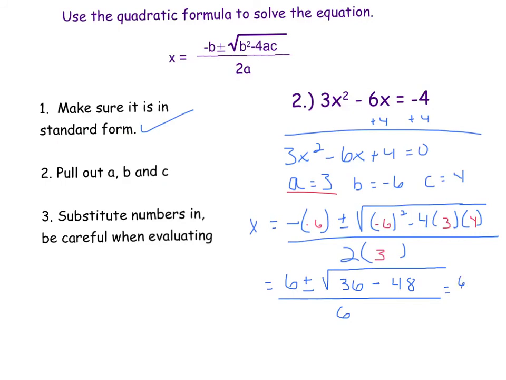So 6 plus or minus the square root of negative 12 over 6. At this point, I'm hoping you remember that if your radicand is negative, it can't happen. We can't find the square root of a negative number. So we know that this one has no solution.